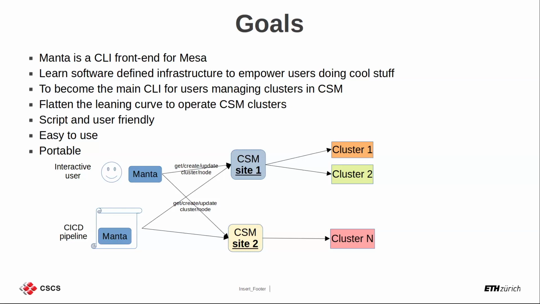With Manta you can do this, which means you can have an Alps cluster at CSCS in Lugano and another Alps cluster at EPFL. And another goal of Manta is to reduce this friction, so you can work on each cluster easily and independently of the location where it sits.